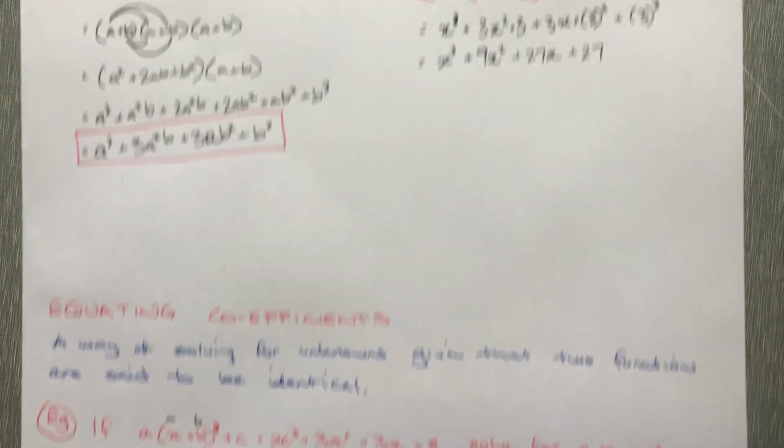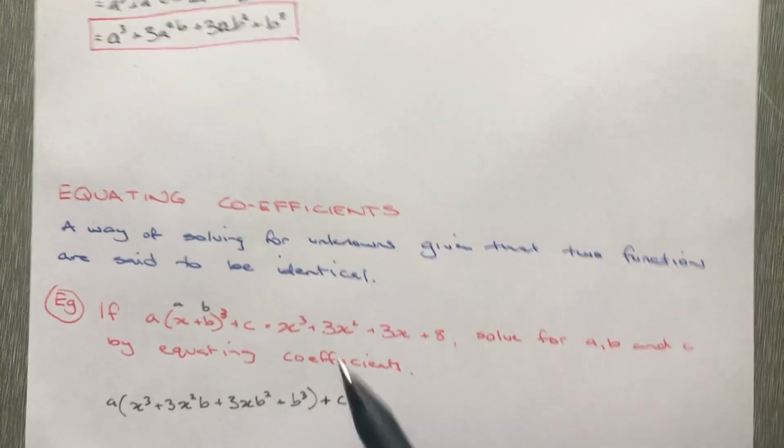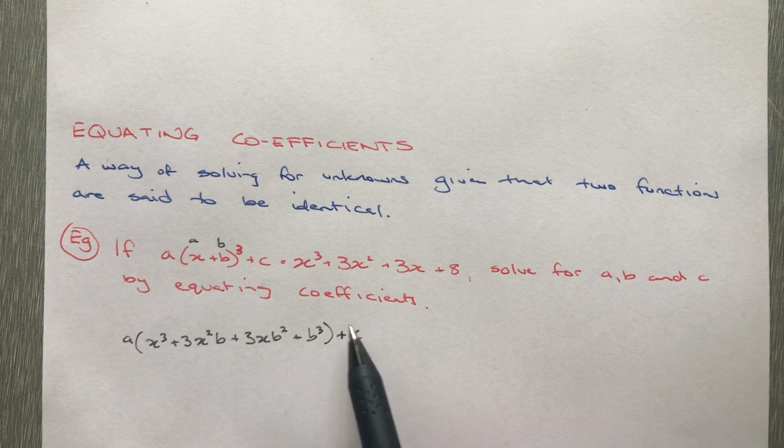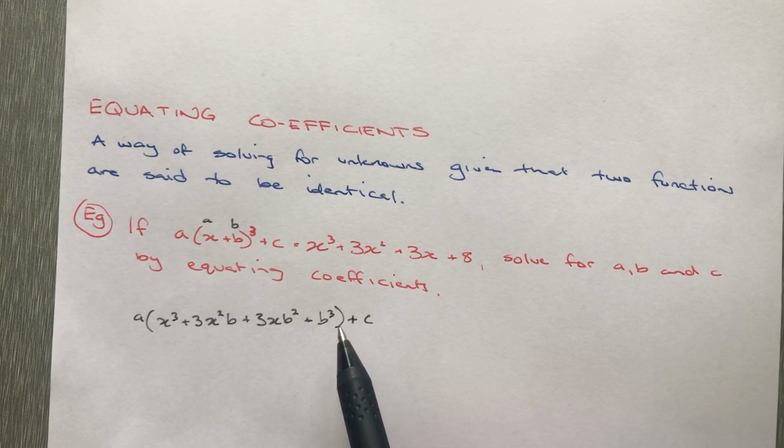Okay, so I use the rule up here to get that, but as you can see, we still need to times everything by A, and then we have the plus C at the end as well. So that's the next step of what I'm doing.